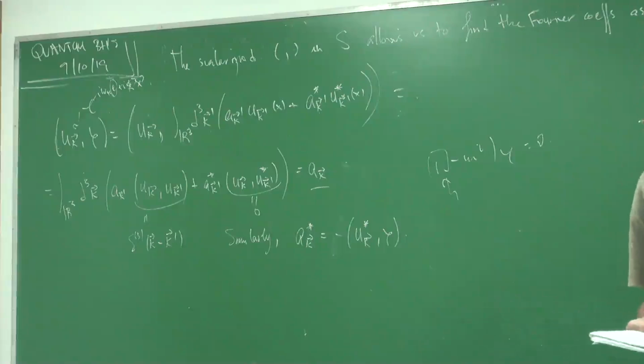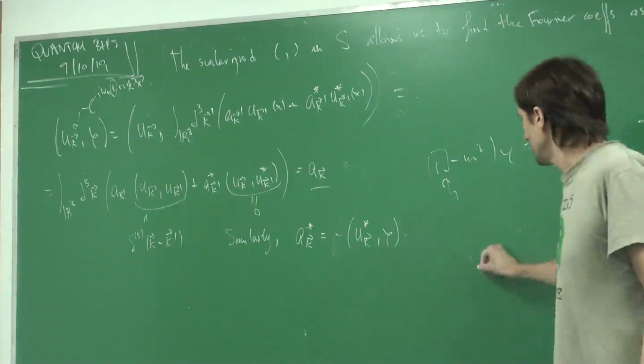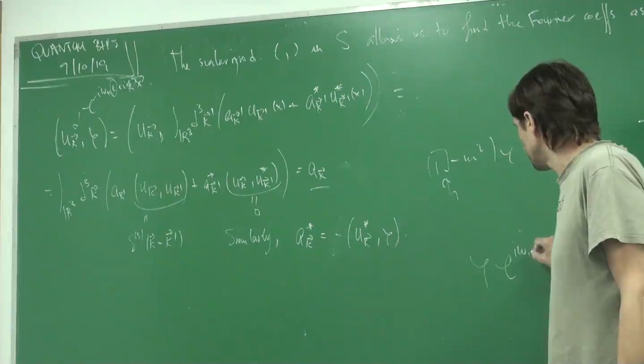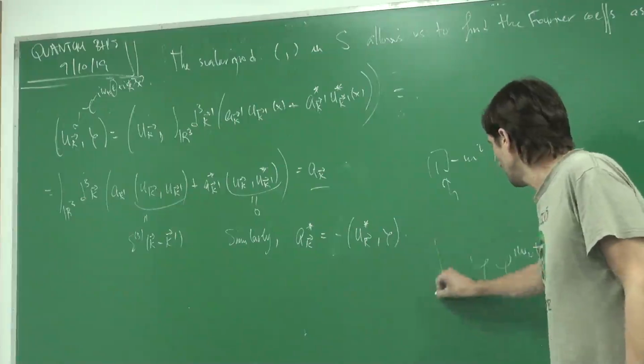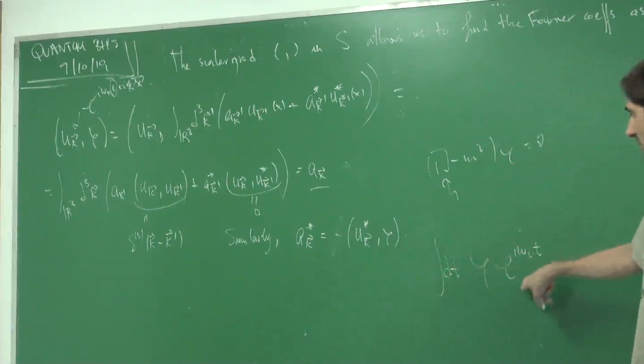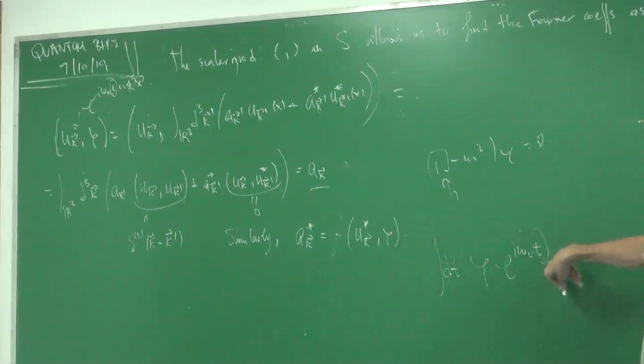Whenever you do a Fourier mode decomposition, you're doing that with respect to a time. Okay? You take your phi's and then you decompose them with respect to some time. This is how you find your Fourier modes.